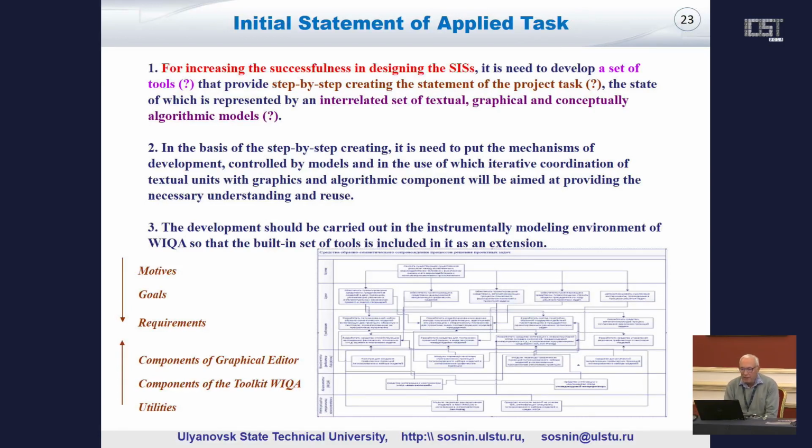Here you can see the initial statement of the tasks and question marks that give us the point for question-answer interaction with our natural experience and the model of the experience that is accessible in the work with the project.